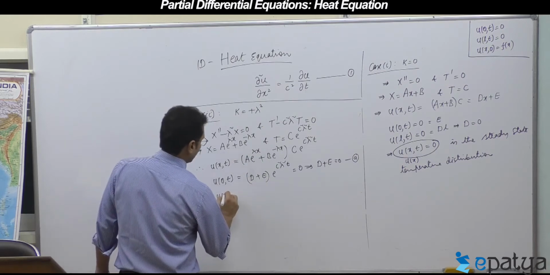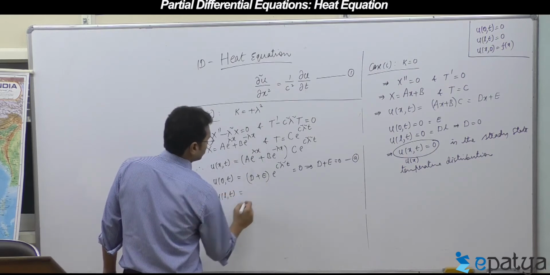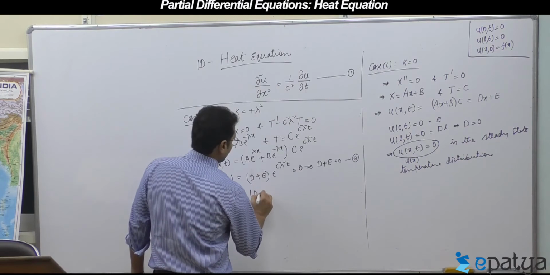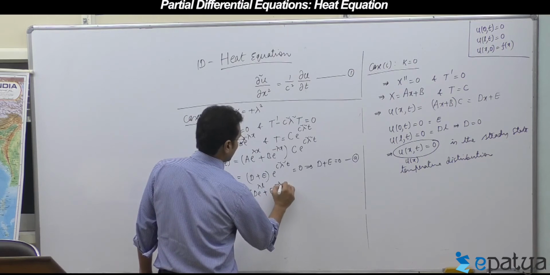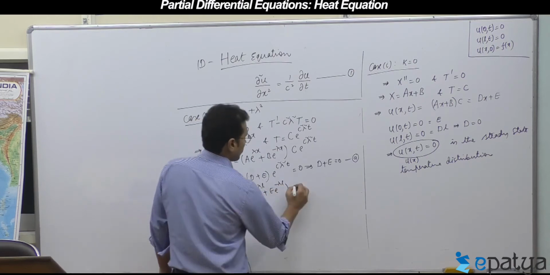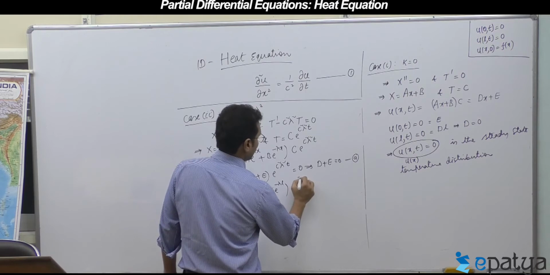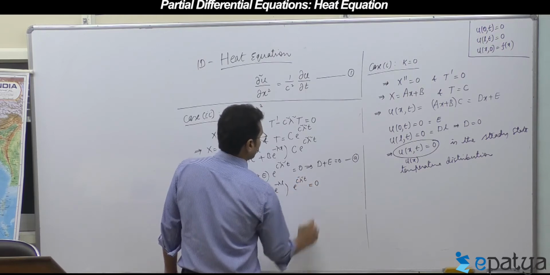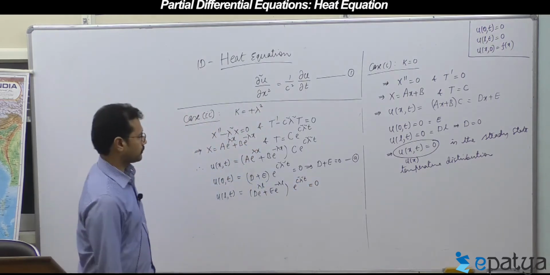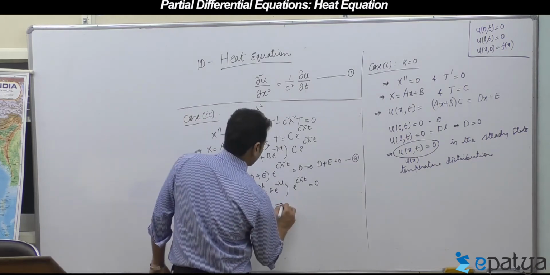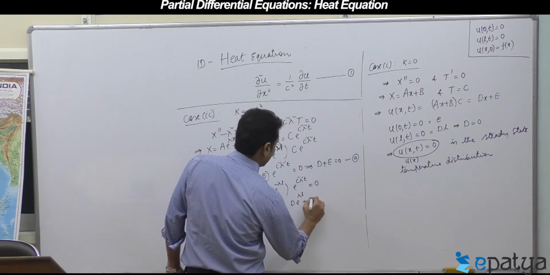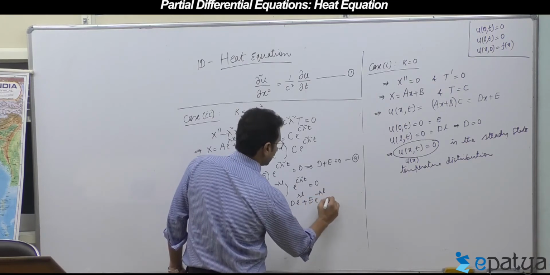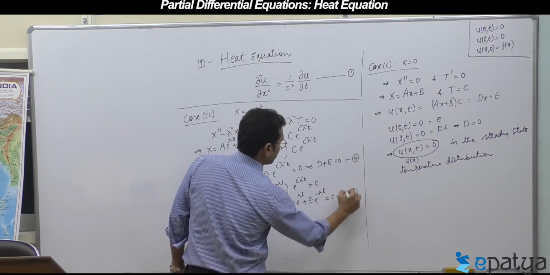And u of L comma t equal to D e power lambda L plus E e power minus lambda L into e power c square lambda square t, also given to be 0, which implies D e power lambda L plus E e power minus lambda L equal to 0, equation number (b).